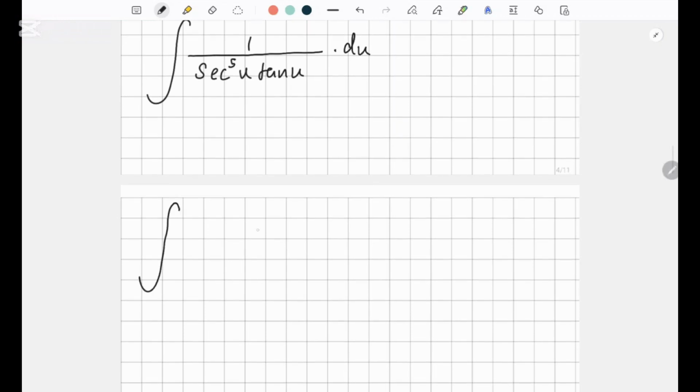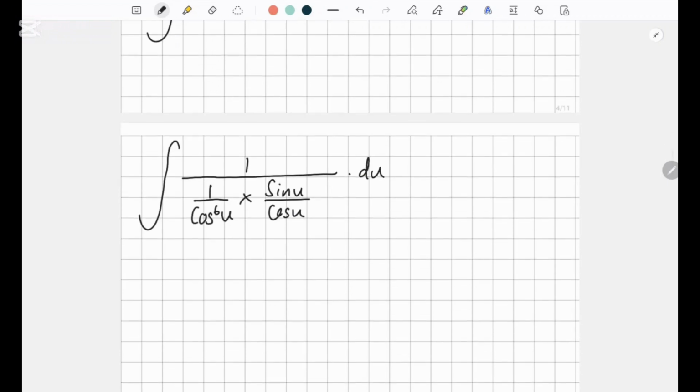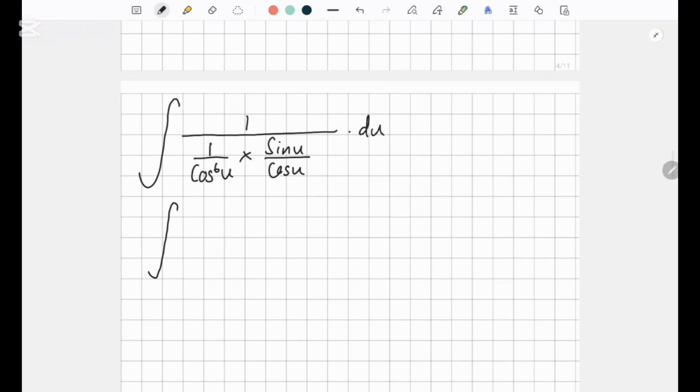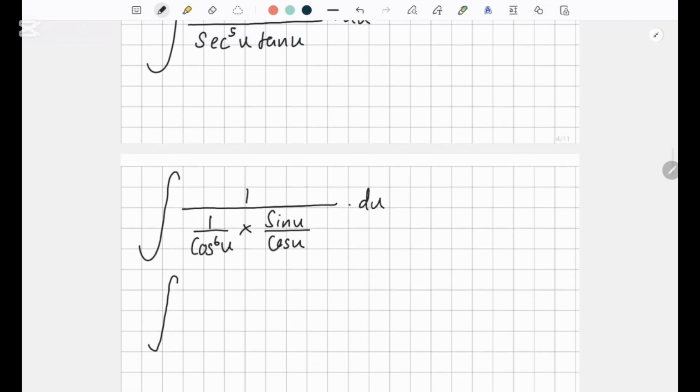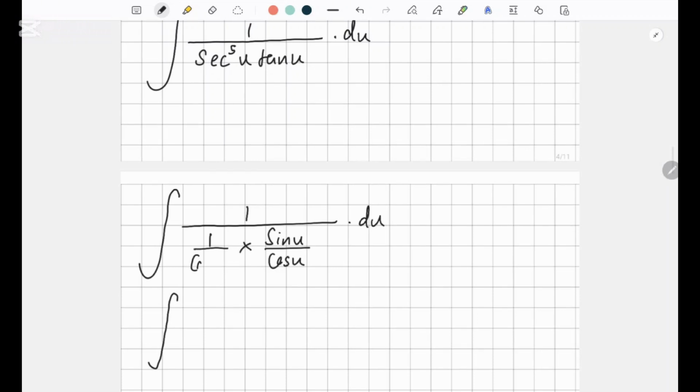Okay, now you could write sec u as 1 over cos u, right? So meaning it's 1 over cos u to the power 6 into tan u, you could write as sin u over cos u, right? Now this fraction will give you, oh, hold on a minute. This has to be cos u to the power 5 because it's sec u to the power 5, right?